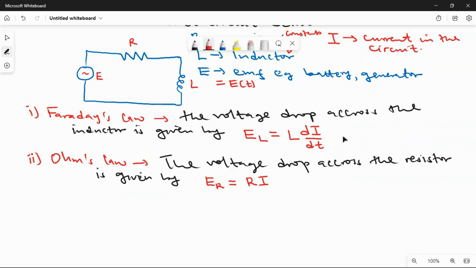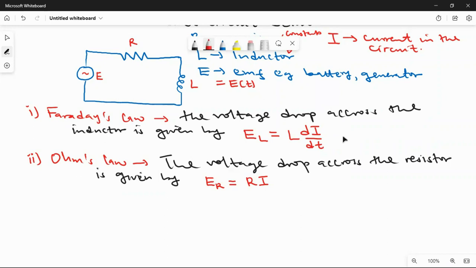E denotes the impressed voltage or electric potential, or what we are calling the EMF. It is also a function of time t. Now, I want to know the voltage because you see, our EMF is E. Now, that voltage that we started with, some of it will be dropped at the resistor, some of it will be dropped at the inductor, and some of it will be used to produce the current.